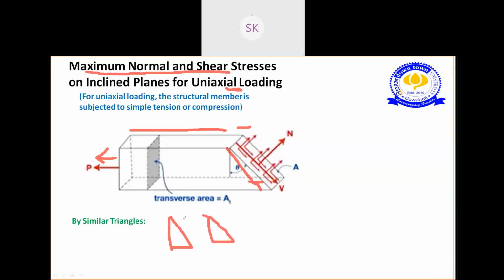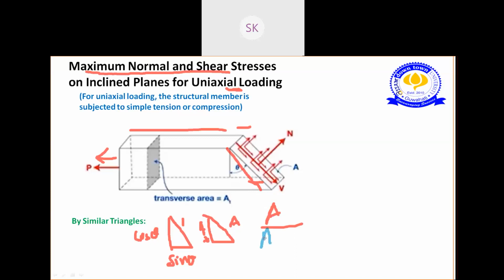This transverse area is AT, and this will be your A. I am relating this triangle with a similar triangle where the hypotenuse is 1, the perpendicular is cos theta, and the base is sine theta.